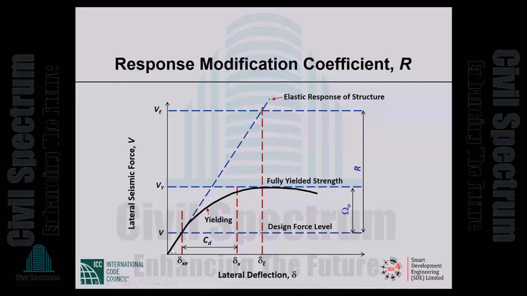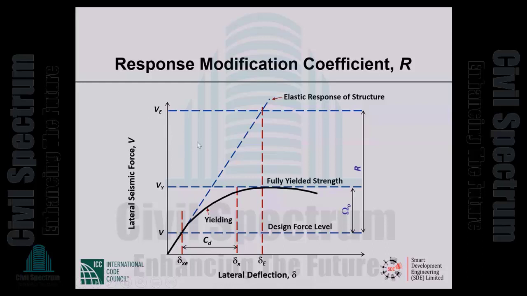If the response were elastic up to the design earthquake, then this would have been the load displacement curve. The force induced in the structure would have been V sub capital E, and the displacement suffered by the structure would have been delta sub capital E. In reality, this is the curve.